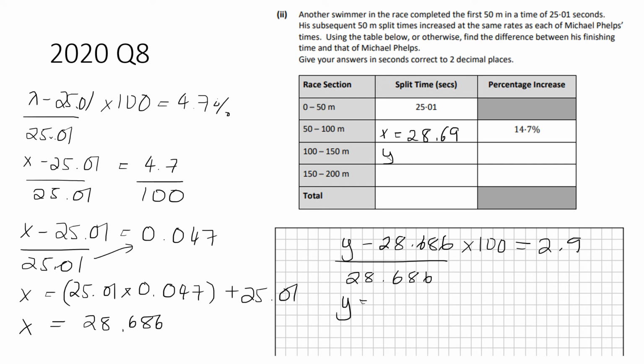Then you do 2.9 divided by 100, multiply by 28.686, and add on 28.686, and you end up with 29.518. So that's 29.52, and that was 2.9% because that's the same as the last one, as Michael Phelps.